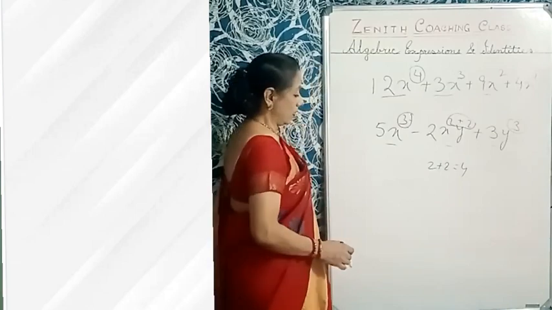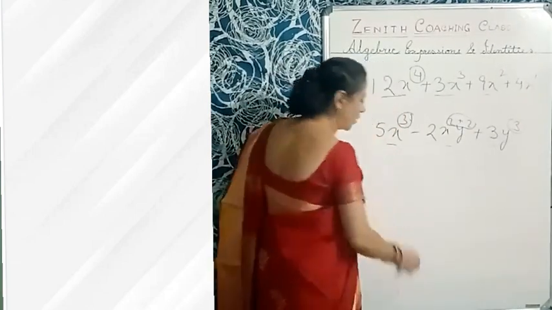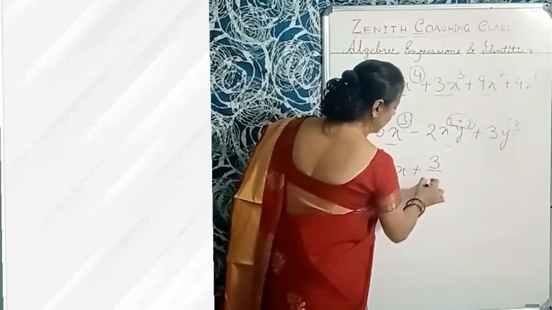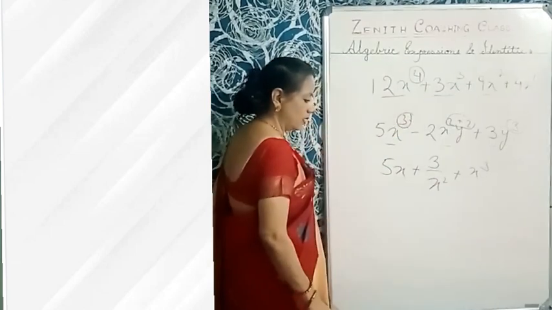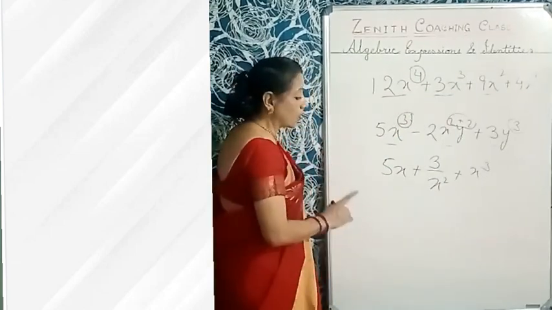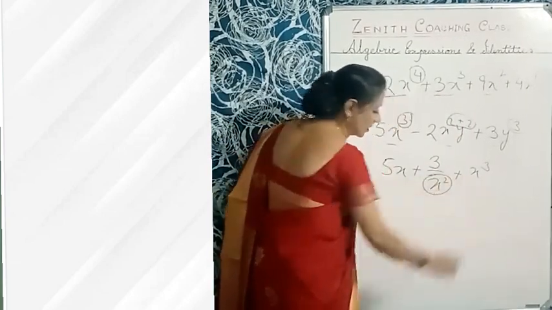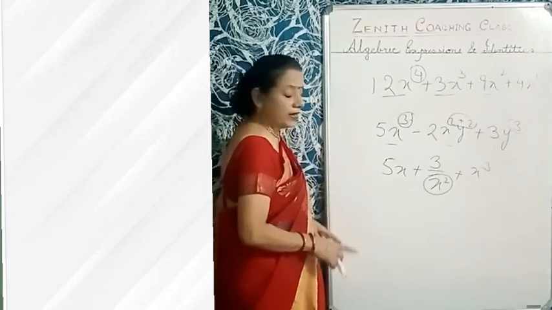Understood? Now let's see, is it a polynomial: 5x plus 3 by x square plus x cube? No, it is not a polynomial, because you cannot write x in the denominator. You cannot write any algebraic expression in the denominator.